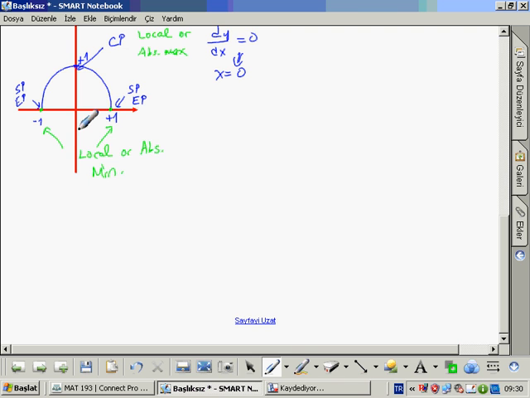But please prove that. Let me continue with the reminder sentences about these critical points.